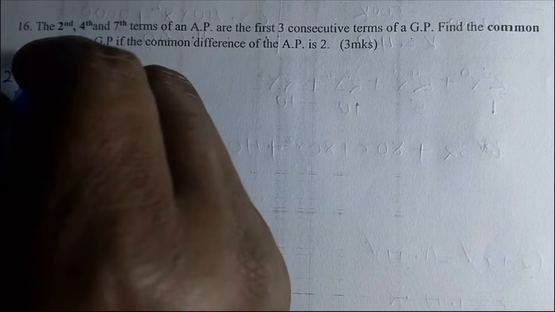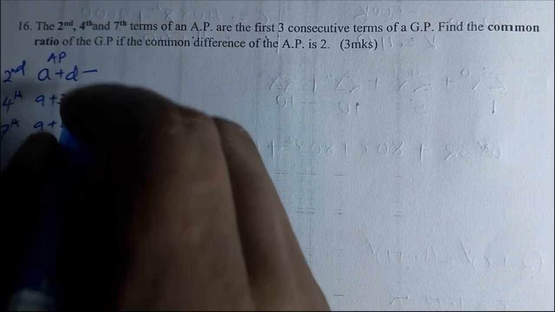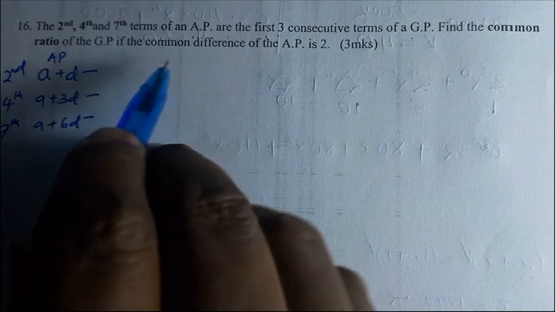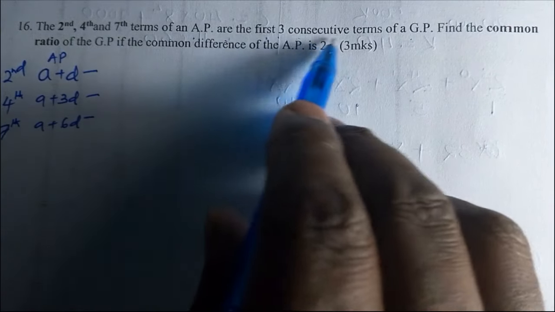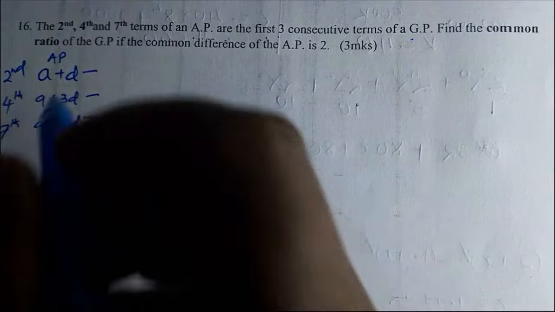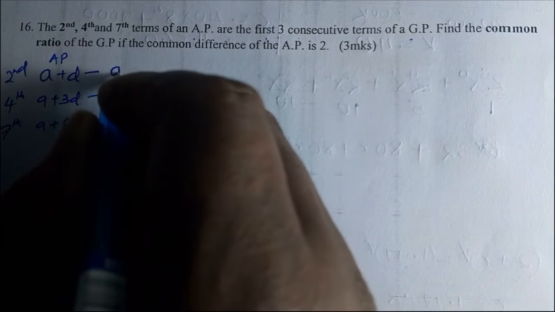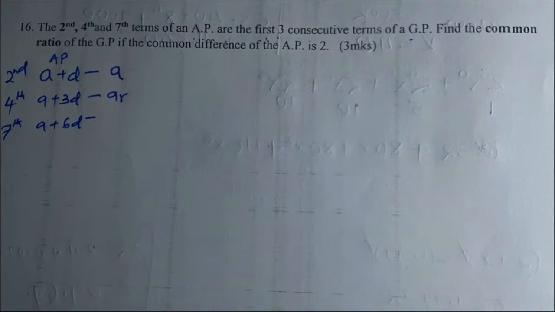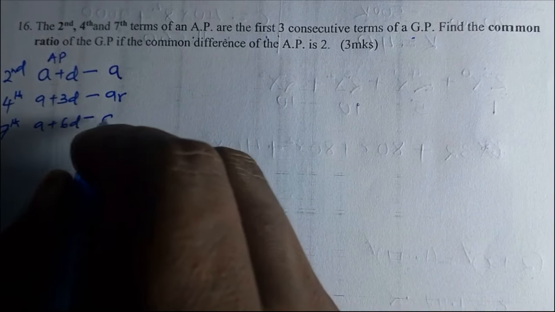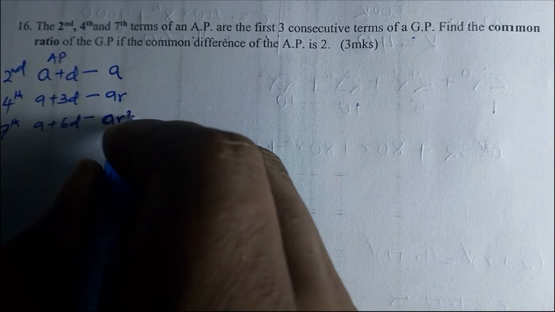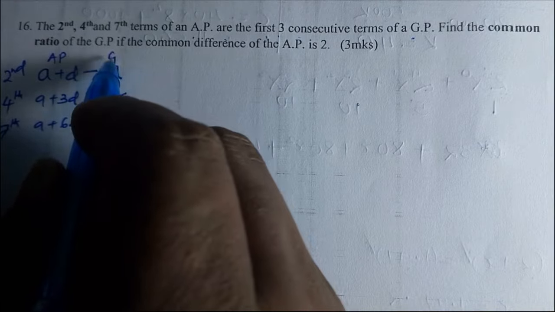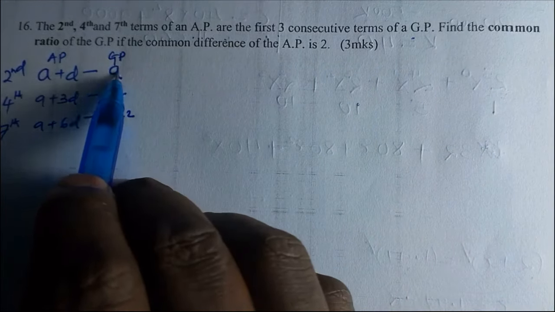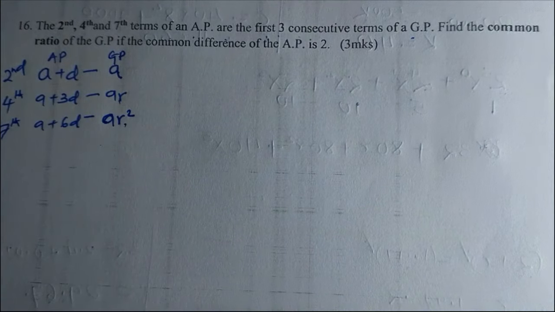Then these ones are the first 3 consecutive terms of the GP. The first one for the GP is A. The second one is AR. And the third one is AR squared. This is for the GP: the first, second, and third. So we are told that these are exactly equal.